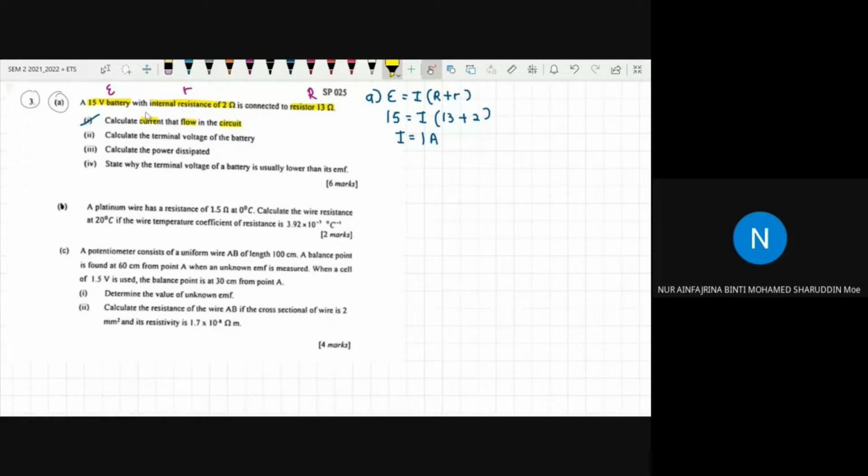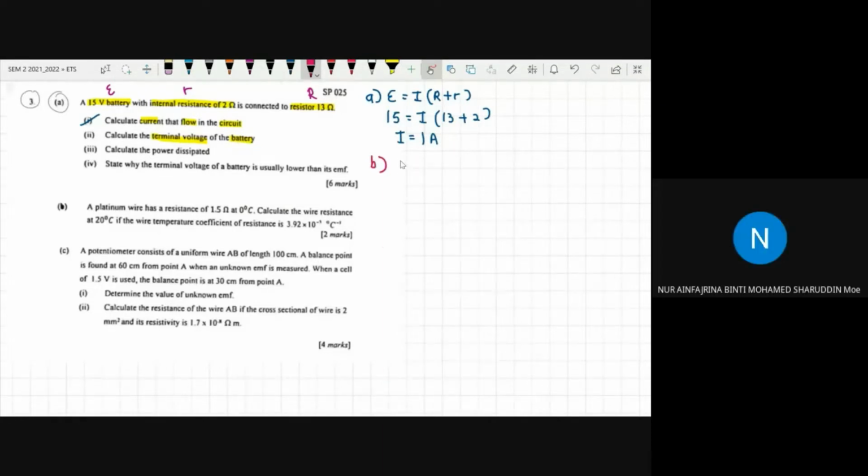Calculate the terminal voltage of the battery. Sekarang kita nak cari terminal voltage of the battery. So what formula should we use to look for the terminal voltage of the battery? Nak pakai formula apa tu? V equal to EMF minus Ir.